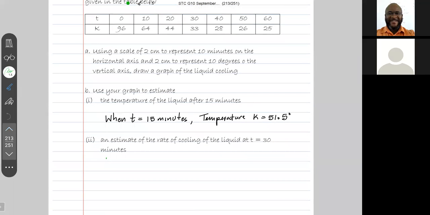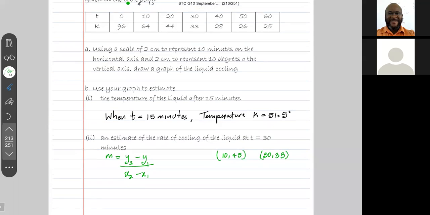So my gradient M, which is y2 minus y1 over x2 minus x1, my 2 points are (10, 45) and (30, 33). Those are 2 points on the tangent, so I'm calculating the gradient of the tangent.